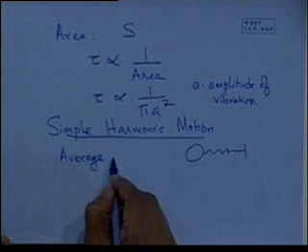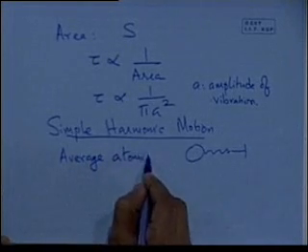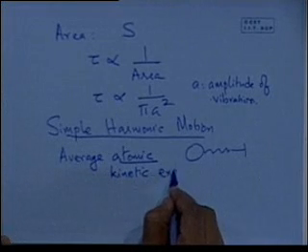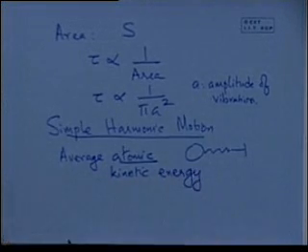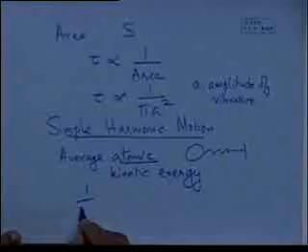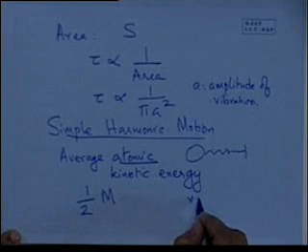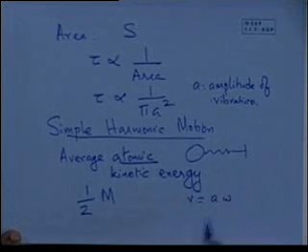So the average atomic kinetic energy, not of electrons, but of the atom, is given by what? In simple terms, what will it be? Half m v squared, some velocity term squared, right? So we will write that as half the mass of the atom, and the velocity is given by a omega.